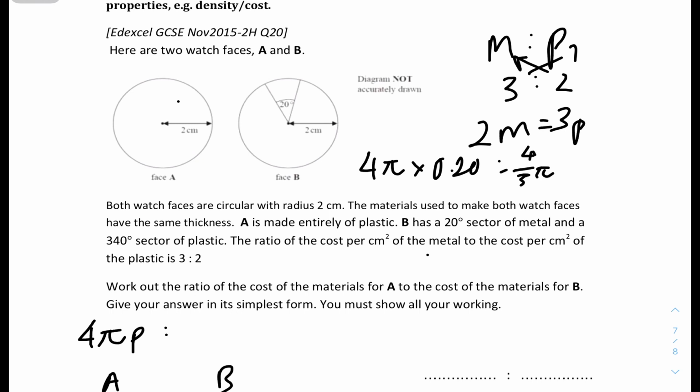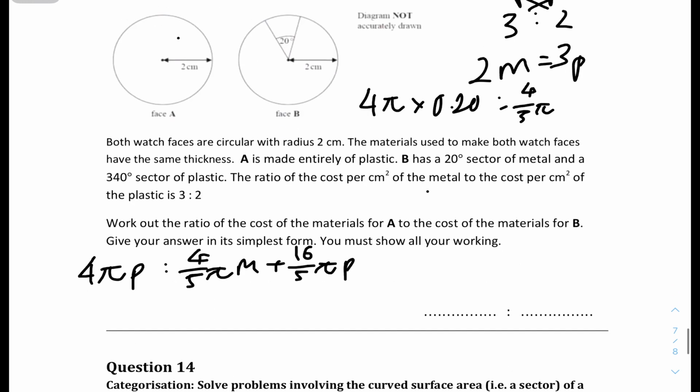It will be metal. So 4 over 5 pi metal plus 4 pi times 0.8, which is plastic, which is 16 over 5 pi plastic. We can simplify this to make everything the same variable. 4 pi p equals, the m can be replaced by 3 over 2 p.